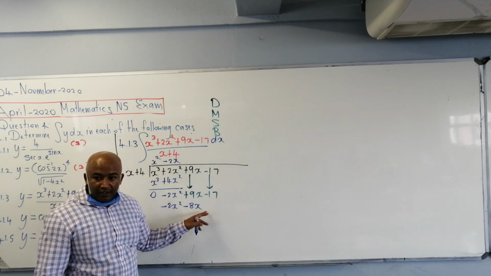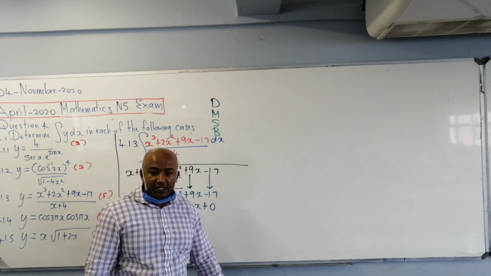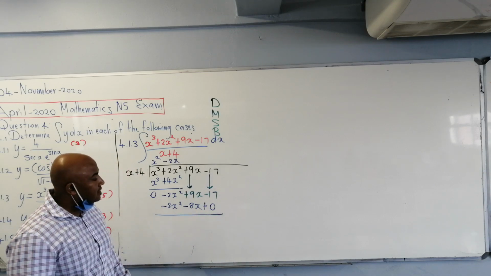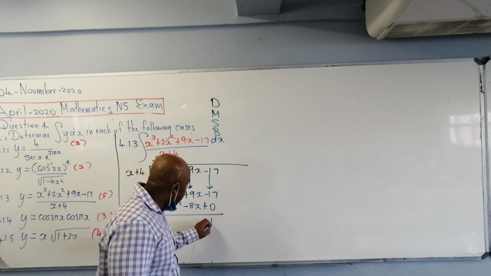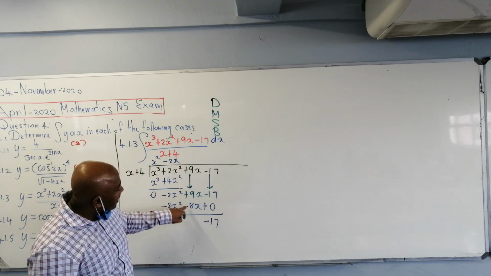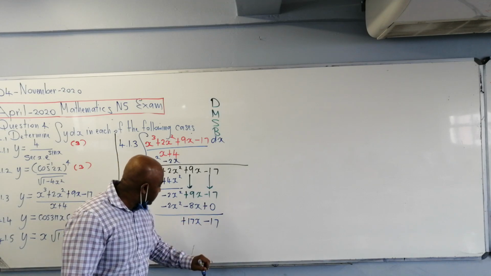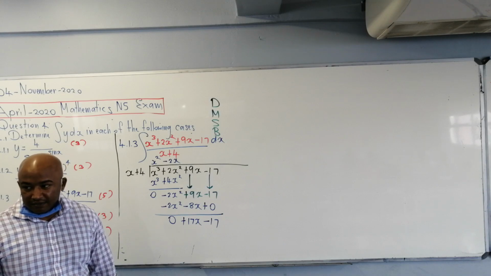Can you see that? So write down plus 0. There is nothing. Nothing means 0. Subtract. Okay. Top minus bottom, minus 17. Top minus bottom, plus 17x. Top minus bottom, 0 straight.